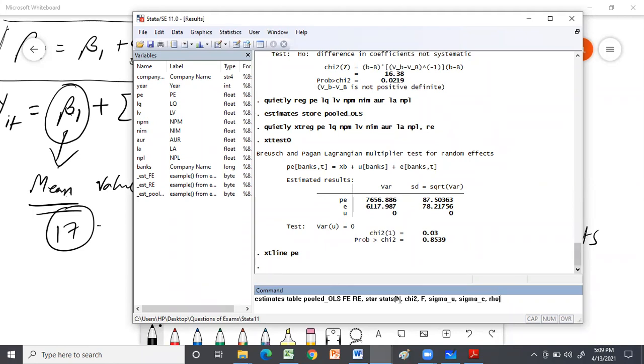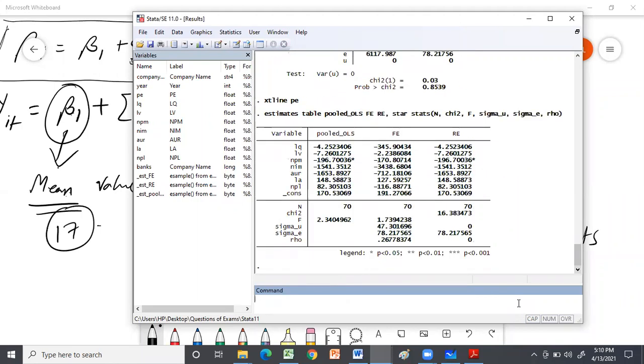Then start the first bracket: N, number of observations, chi-square value, wherever applicable, F value, F statistic value, wherever applicable, sigma_u, that means the standard error of the residual within the entity, and then sigma_e, that is the overall standard error of the model, the residual of the whole model, and then the rho value, which is the intra-class coefficient of correlation, and then press enter.